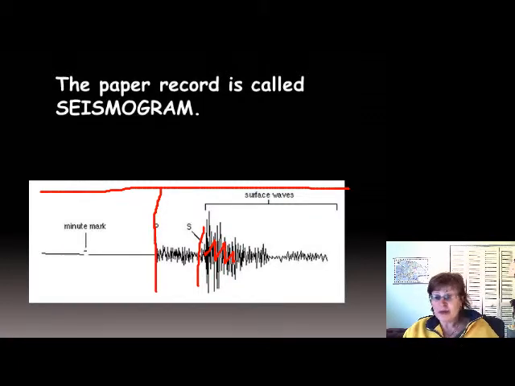Today, we don't have paper and drum. We actually have digital seismic recording. Like at Virginia Western, we have a seismograph which is digital. The seismograph is in the ground in a concrete tube.